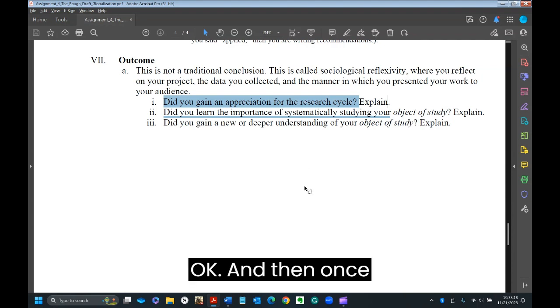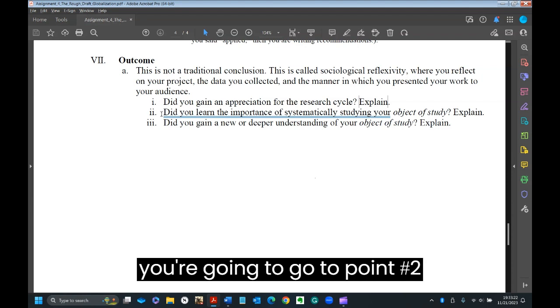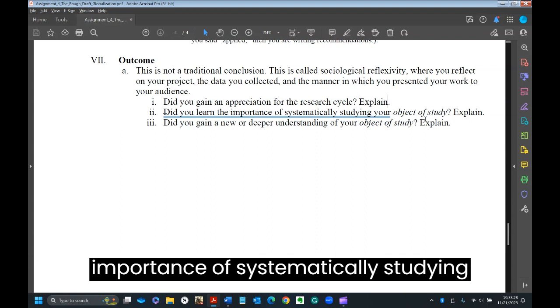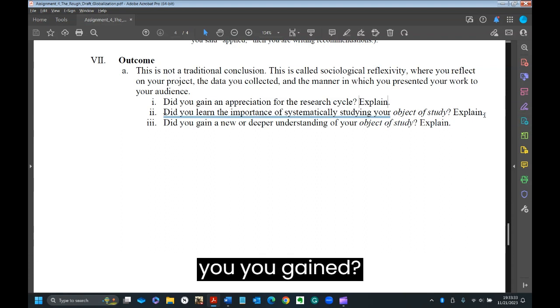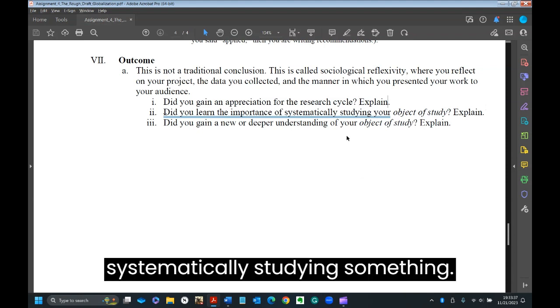Okay. And then once you address this particular point, then you're going to go to point number two and address, did you learn the importance of systematically studying your object of study, and explain what you gained in terms of the importance of systematically studying something.